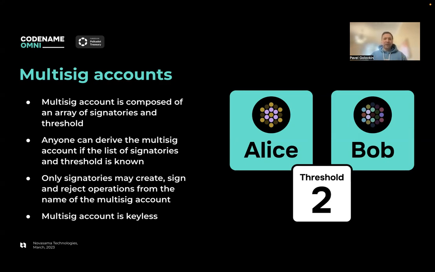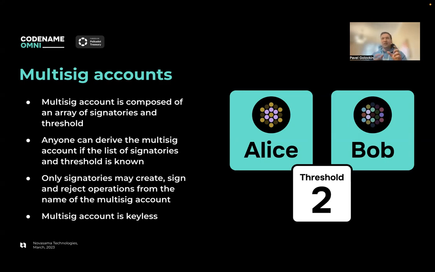And another thing is that if you know the set of signatories and the threshold, you can derive the account address and check its funds. But only signatories, the persons who control these accounts, may sign these operations.